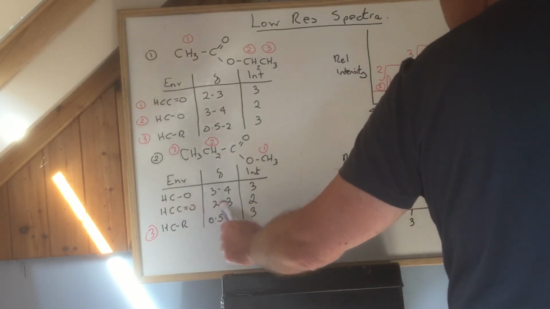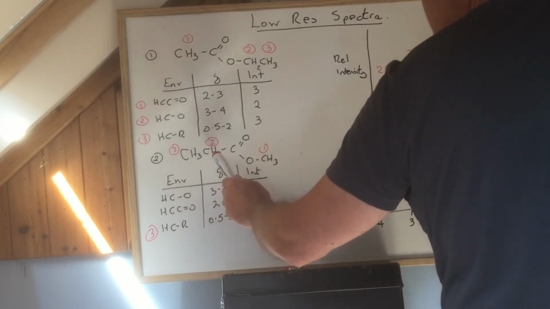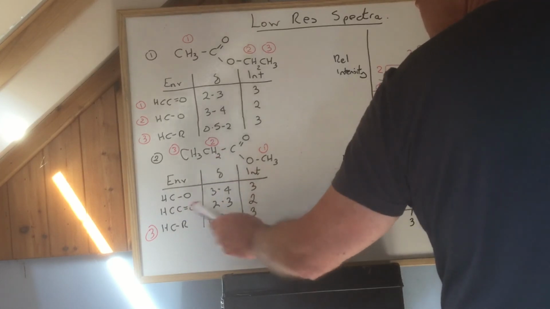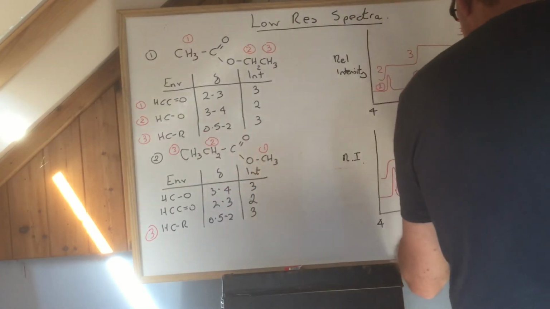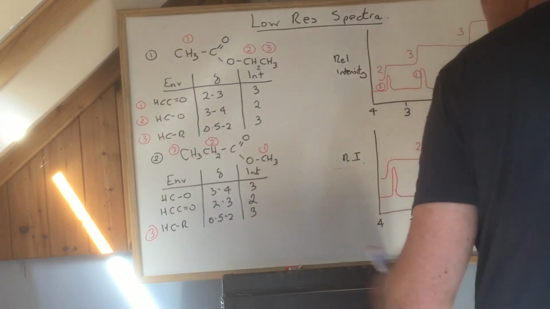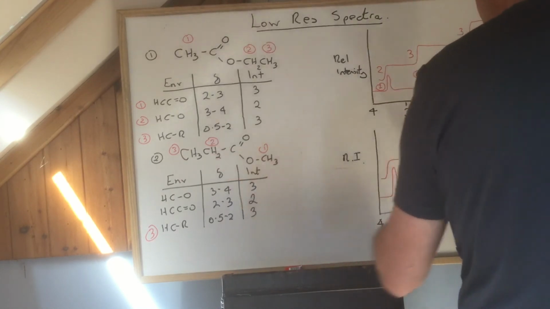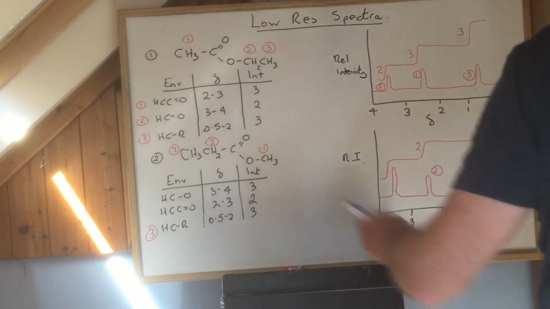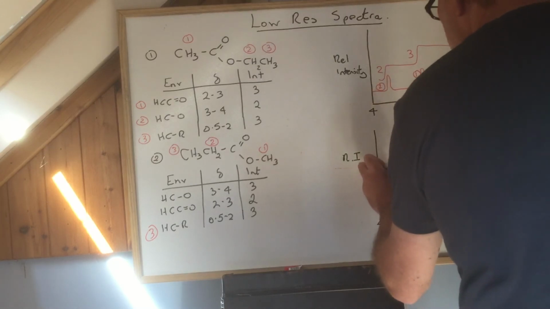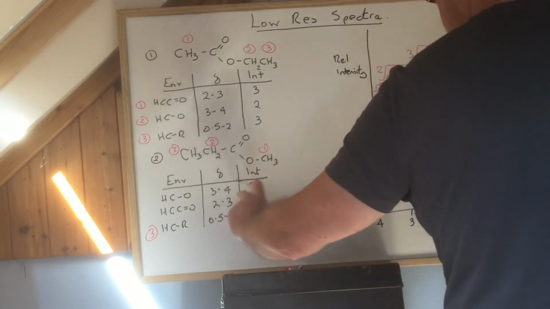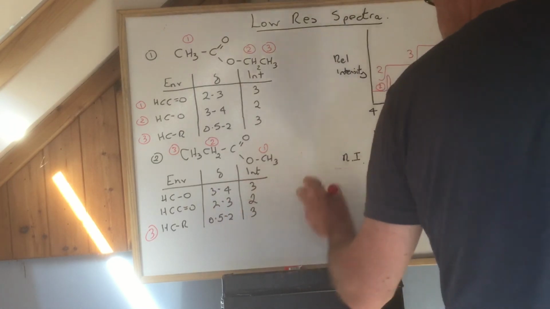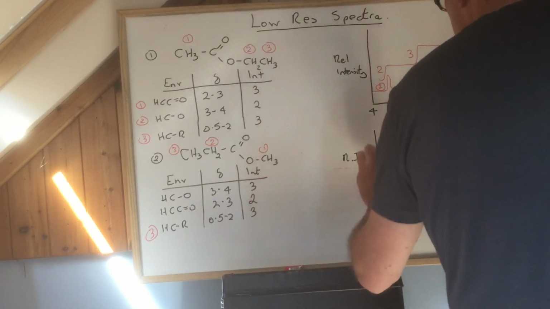The next are 2 in that environment. There they are. Integration of 2. So those are 2. Number 2. 2 in that environment. And finally there'll be 3 in that environment. And now H joined to a C, single bond O. 3 to 4. Integration of 3. So those are number 1.